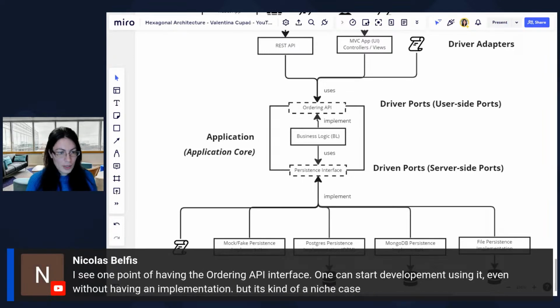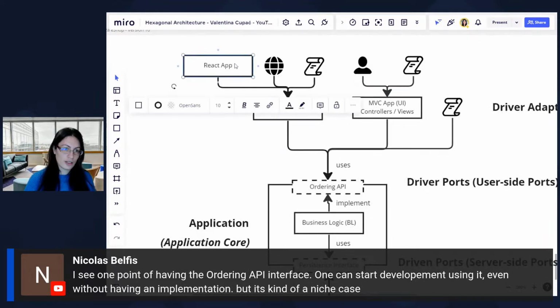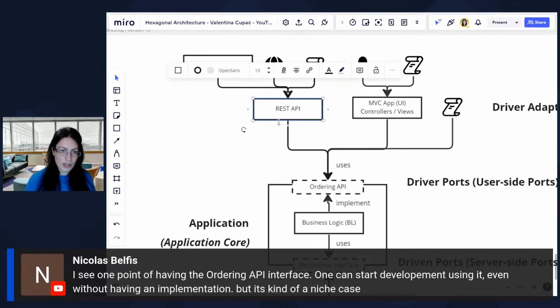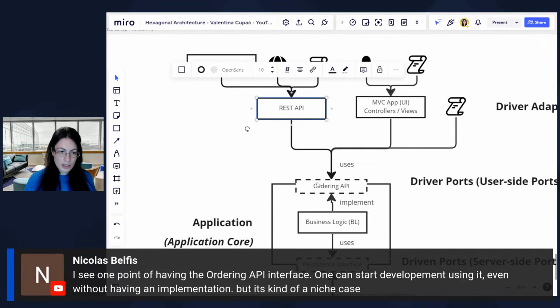I can see one point of having the ordering API interface: one can start development using it without even having an implementation. That is exactly correct. Suppose we have a front-end team making a React application, and we're making a REST API, and maybe some other external systems need to interface with us, but we have not yet implemented the business logic at all.